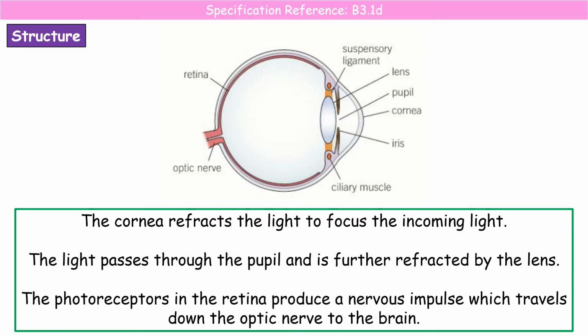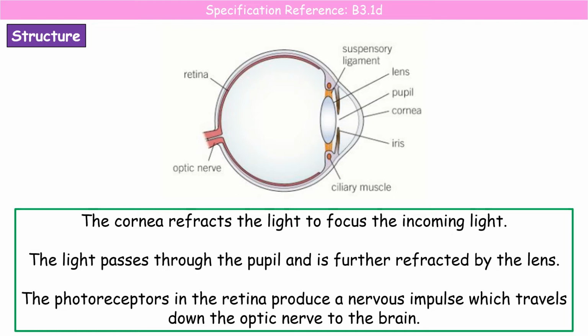Now, what we actually have are cells that detect light in our retina, but in order to actually get the light there, what has to happen is we need to focus this light. So what happens is, as it passes through the cornea at the surface of the eye there, then we start to get refraction, so it starts to bend the light, and it will continue to be refracted by the lens.